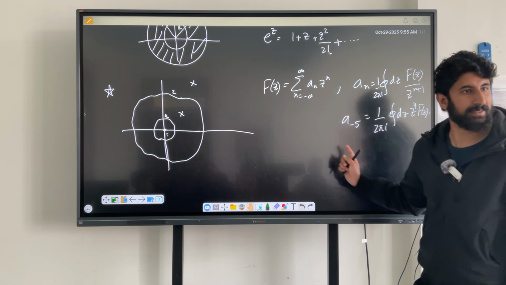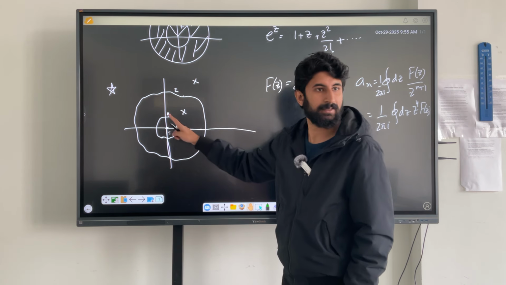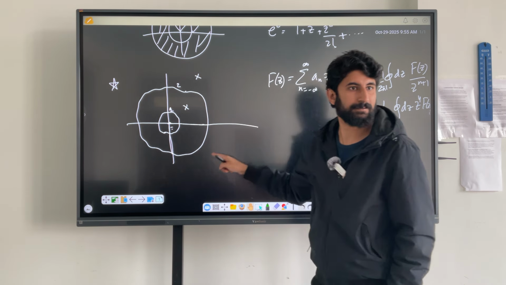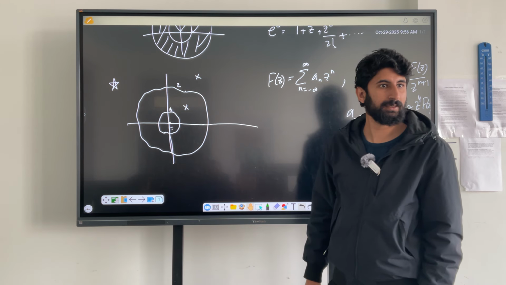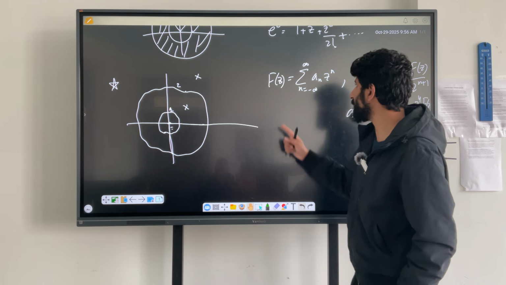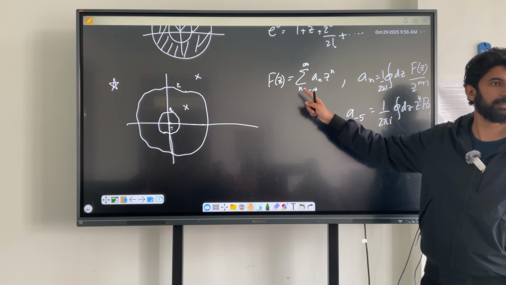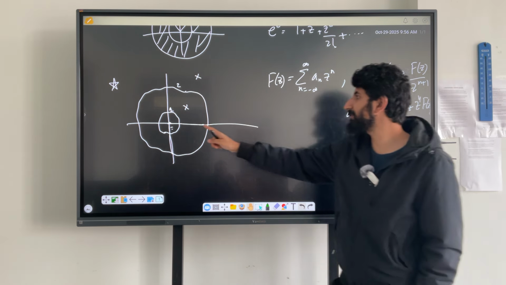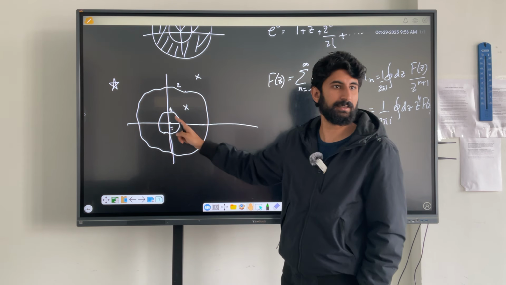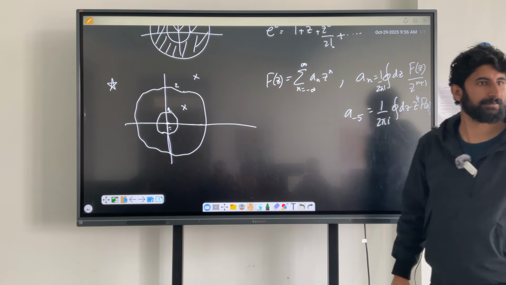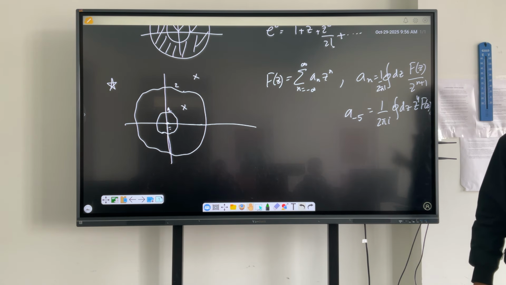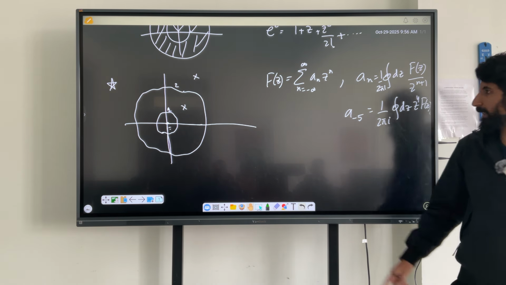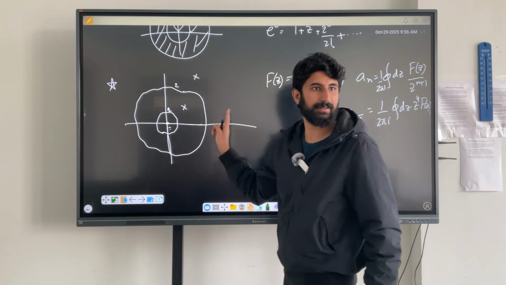That the a n's are different here and they are different here. So whatever your function, it does not have the same series in this region and that region. You get two different a n's. The a n's here are different compared to the a n's here.